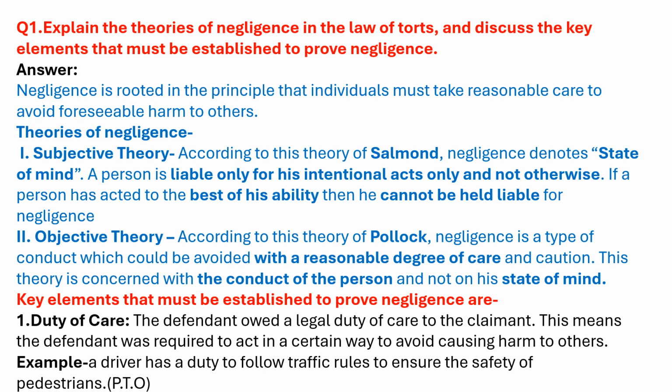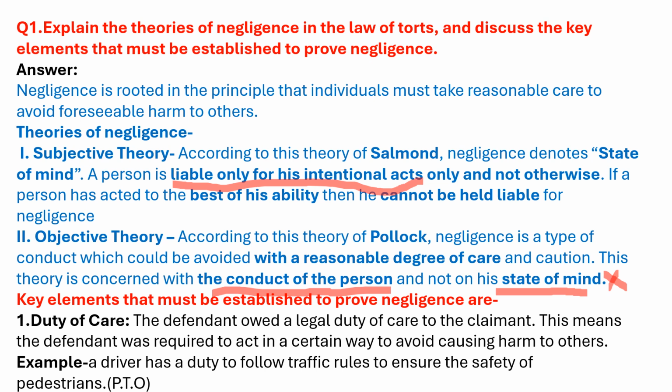So here you need to remember this keyword. The subjective theory is the state of mind, and it deals only with intentional acts, and the objective theory deals only with the conduct of the person but not his state of mind. These two things you must remember.